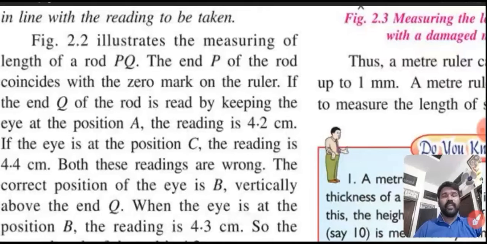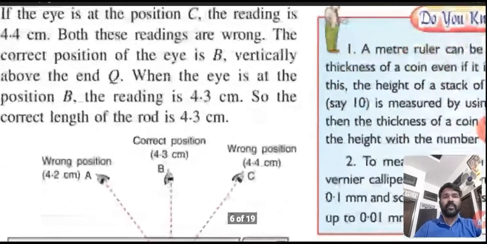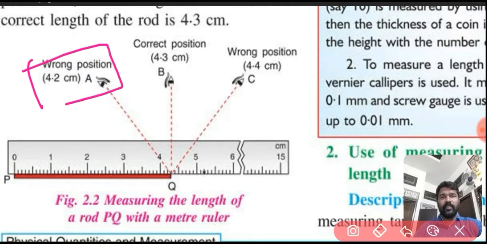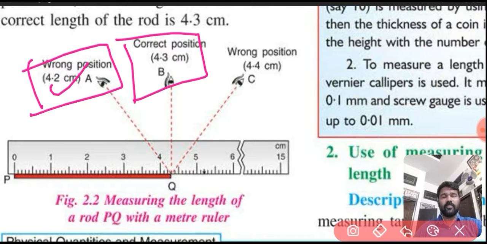If the end Q of the rod is read by keeping the eye at position A, the reading is 4.2 centimeter. You see, if we are keeping our eye in this position, the measurement will be 4.2. If we keep our eye at position B, that is 4.3.